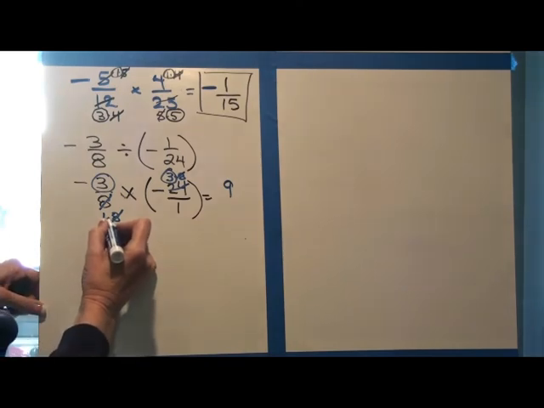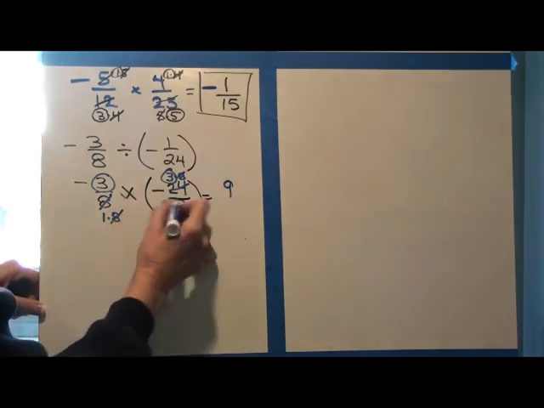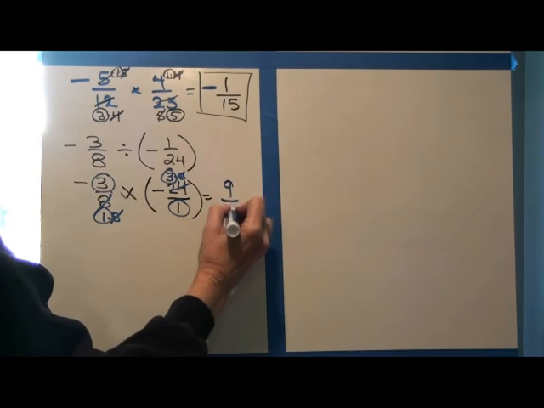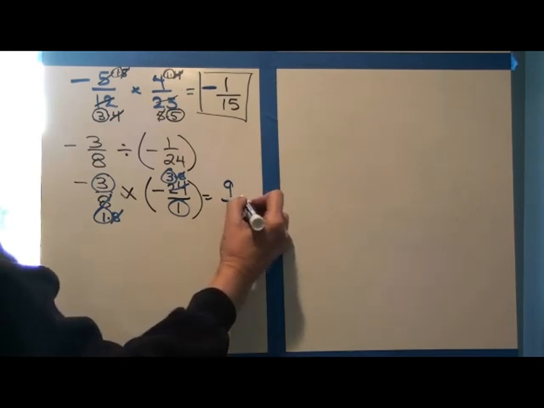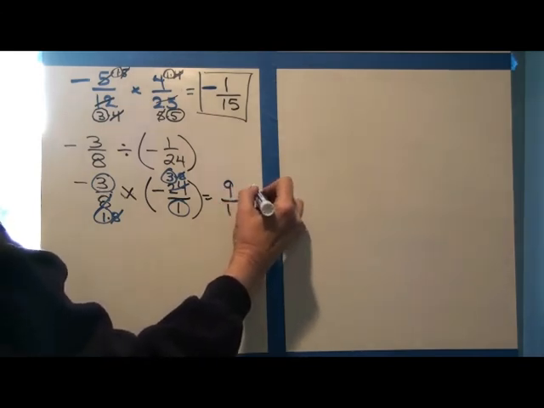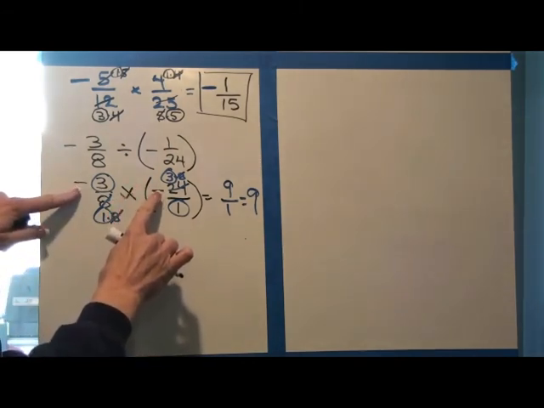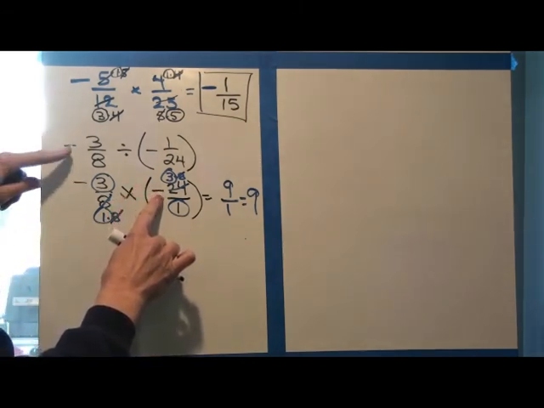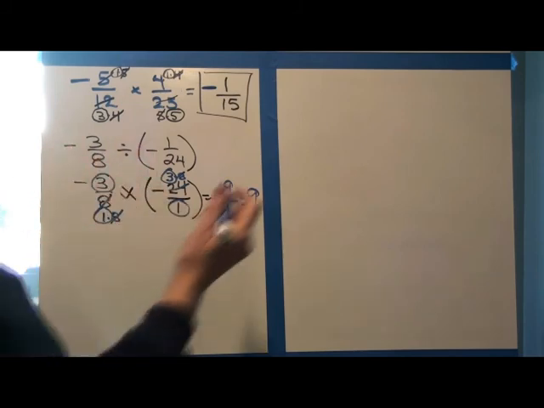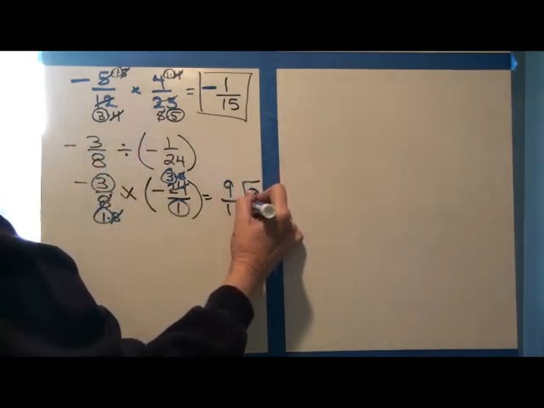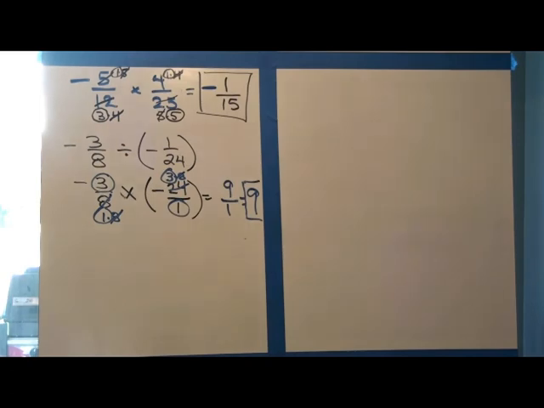And in the denominator, 1 times 1. All we have down there are 1s. So we get 1. So simplified, 9 over 1 is just 9. My answer, again, is positive because I have a negative times a negative, or a negative divided by a negative. Final answer, positive 9. Always thinking about those signs.